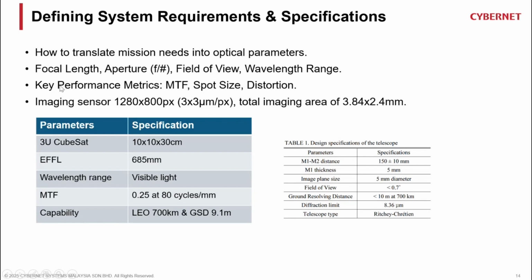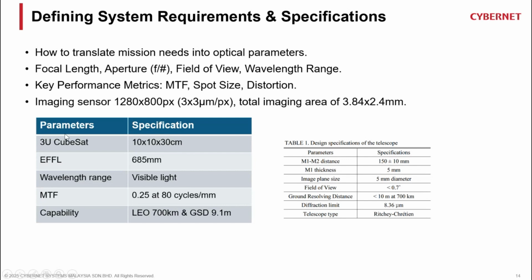Next will be the key performance metrics such as the MTF, the spot size, and also the distortion. And also we need to decide which imaging sensor we want to use. For this example, we use 1280 by 800 pixels. Each pixel is 3.3 micrometers and the total imaging area will be 3.84 by 2.4 mm.